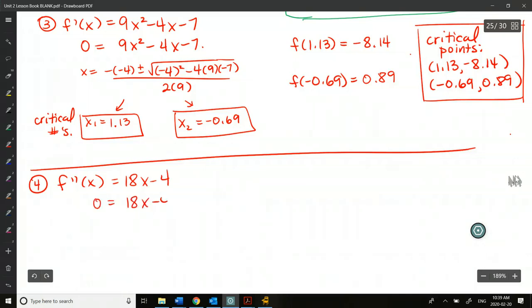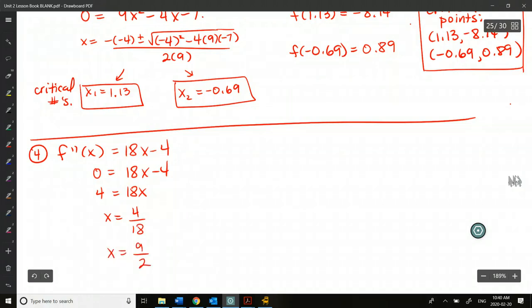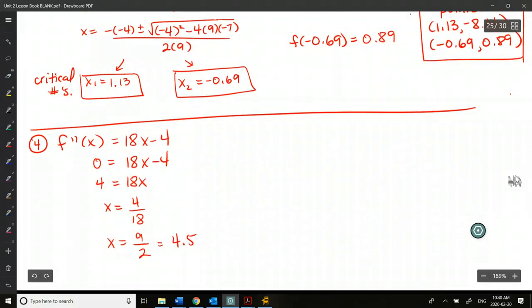This one's a little bit easier to solve, so that's nice. Then you're going to evaluate f at 4.5 so that we have the actual point.